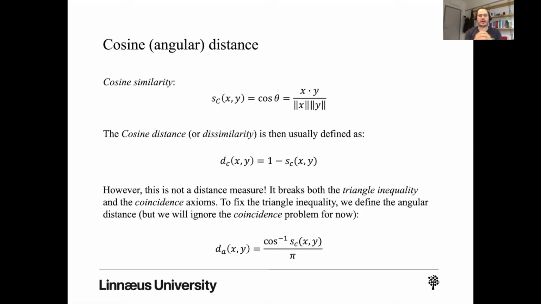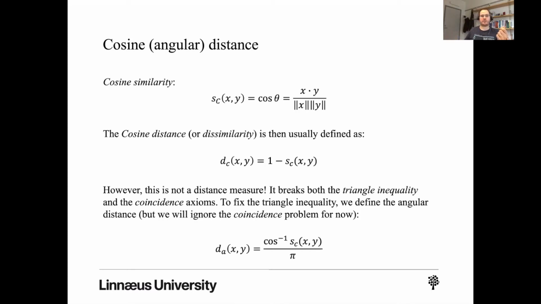Then you can have problems where you take a detour and end up being shorter than the actual direct distance. I'm not going to discuss that in detail, but it does happen. And the coincidence axiom also breaks because if you have two vectors where one is a multiple of the other, their distance will be zero, even though they're not the same vector.